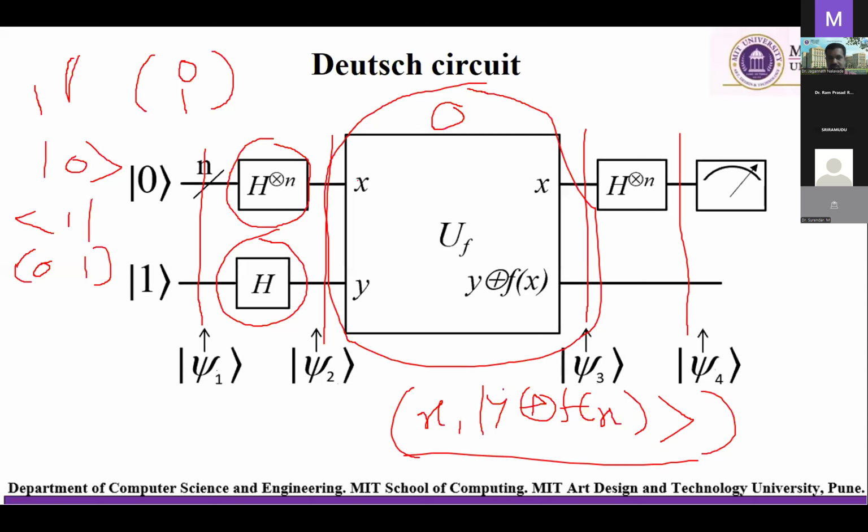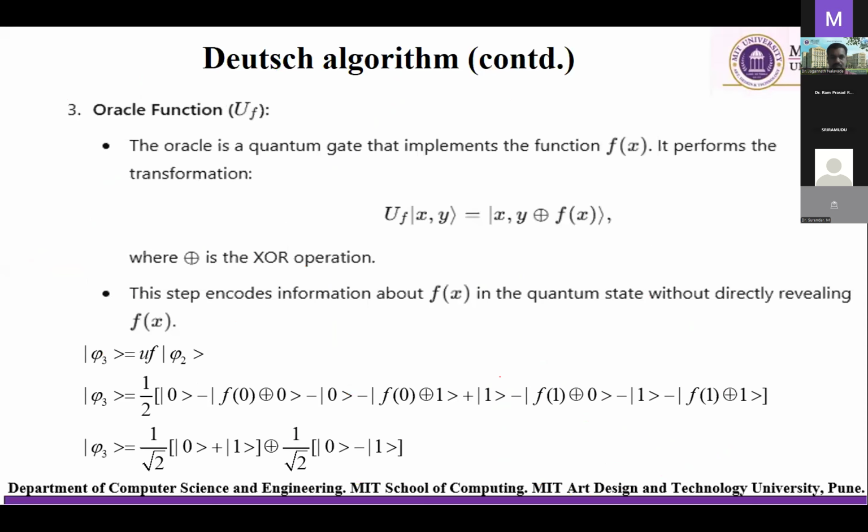Then the same output will be given as an input to this UF function, and as we have discussed, the output from the UF function will be in the form of x comma ket y XOR f of x. This oracle is a quantum gate that implements the function f of x, which performs the transformation, and the output will be in this format.